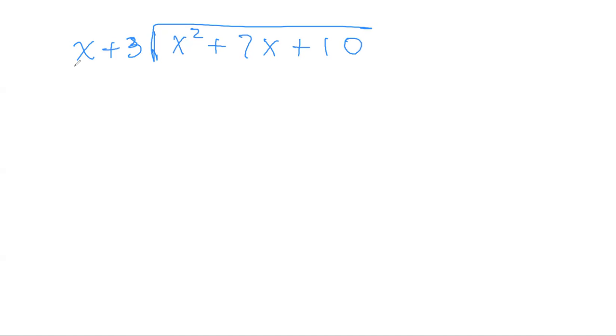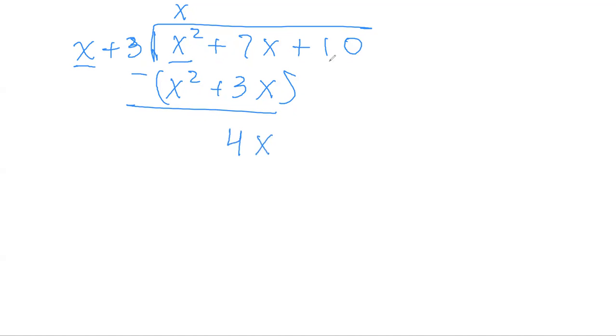So again, what do I multiply x by to get to x squared? So I have x here, so x squared plus 3x, 7x minus 3x, and I get 4x. Bring down the 10. What do I multiply x by to get to 4x?